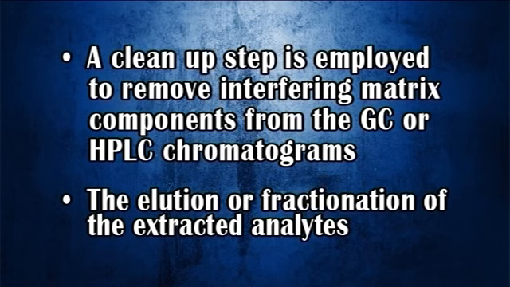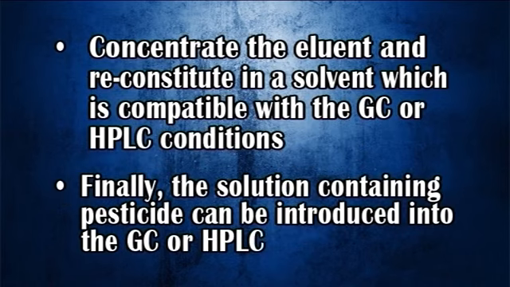Then comes the elution or fractionation of the extracted analytes. Concentrate the eluent and reconstitute in a solvent which is compatible with the GC or HPLC conditions. Finally, the solution containing pesticide can be introduced into the GC or HPLC.